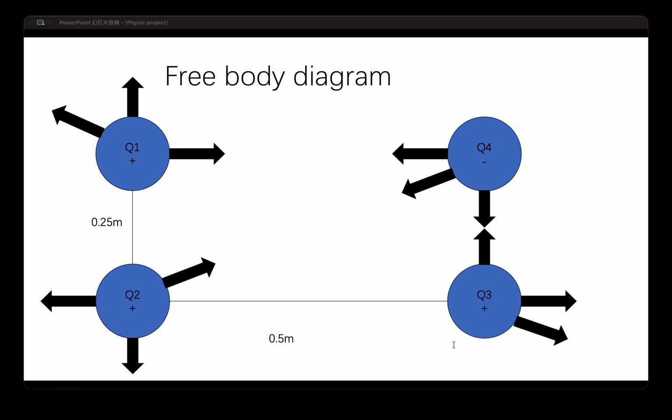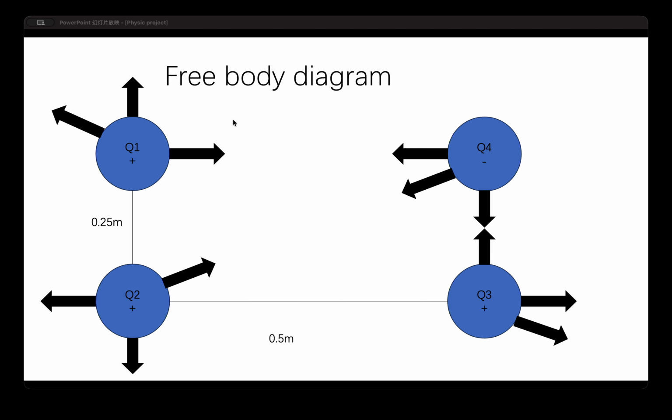For Q1, which is positive, it receives a repulsive force from Q2 pushing it upward, and a repulsive force from Q3 along the diagonal direction, pushing it up and left. And Q4 attracts Q1, pulling it to the right.